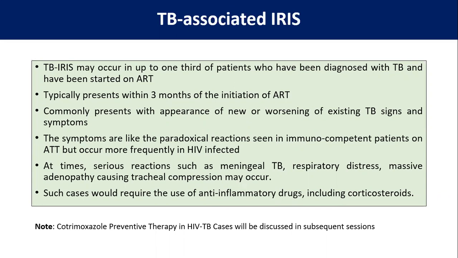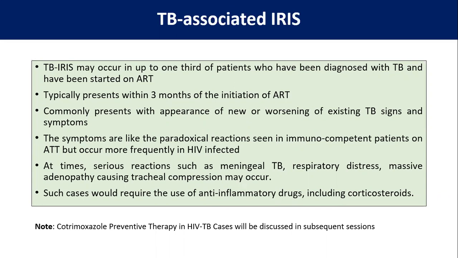So we expect that the signs and symptoms of TB go down, and with the introduction of ART, with the recovery of the immune system, we also expect that TB should go down. But there is precipitation of more signs and symptoms of existing TB. So it is a paradoxical IRIS.